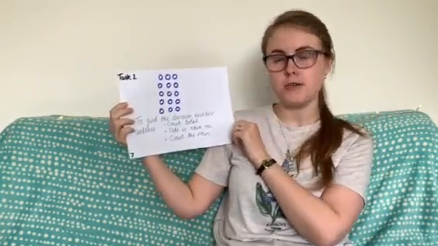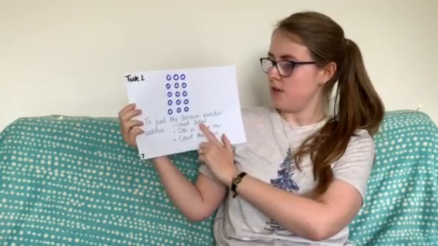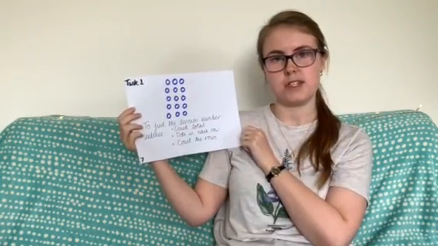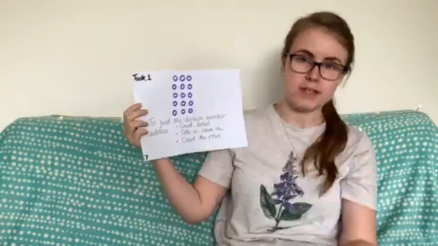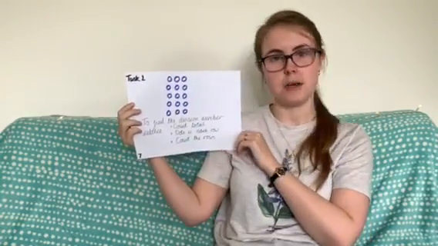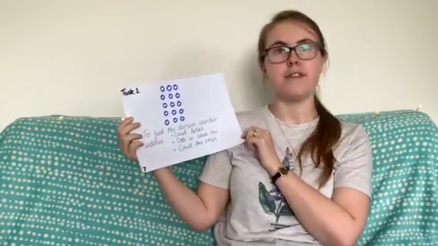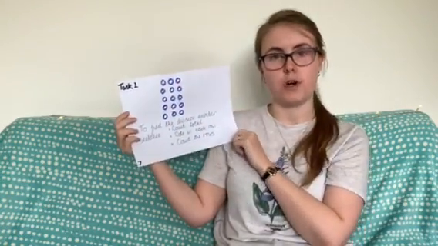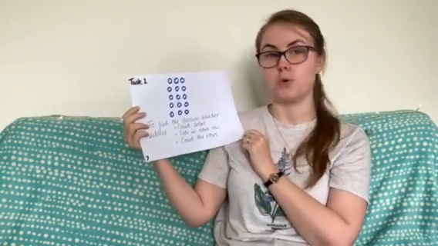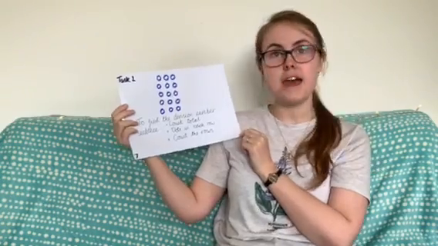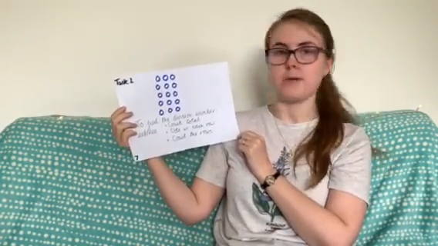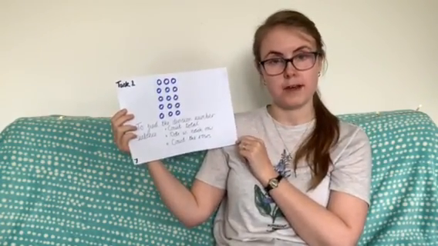So the first thing you need to do is count the total number of dots, because that's going to tell you your whole, like when we had 20 or 12, the larger number that we're starting with. And then you need to count the number of dots in each of the rows, because it should be the same, they're equal groups. And then finally, you need to count how many rows you've got, like we did before.